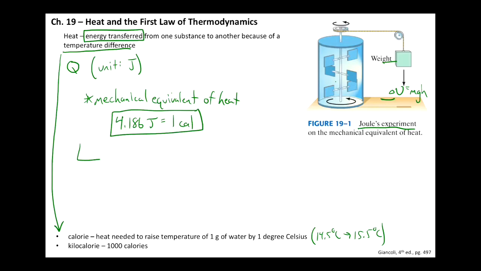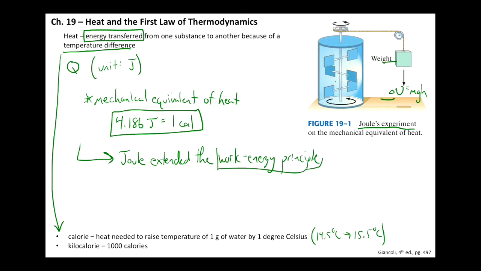So through this process, we could say that Joule extended the work energy principle. And again, the work energy principle would be the part of this that you learned last semester. And he allowed it to include heat.